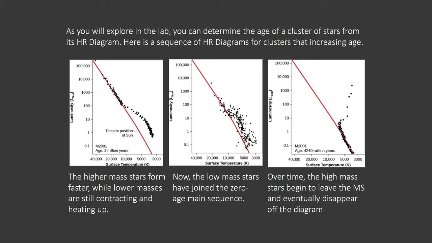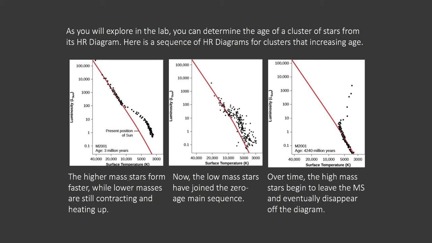So, how does it work? How does this picture tell us all of this information? Well, by looking at where the stars are on the diagram and the shape that the diagram takes, we can figure out how the stars have evolved up till that point. So let's take the picture here on the left.